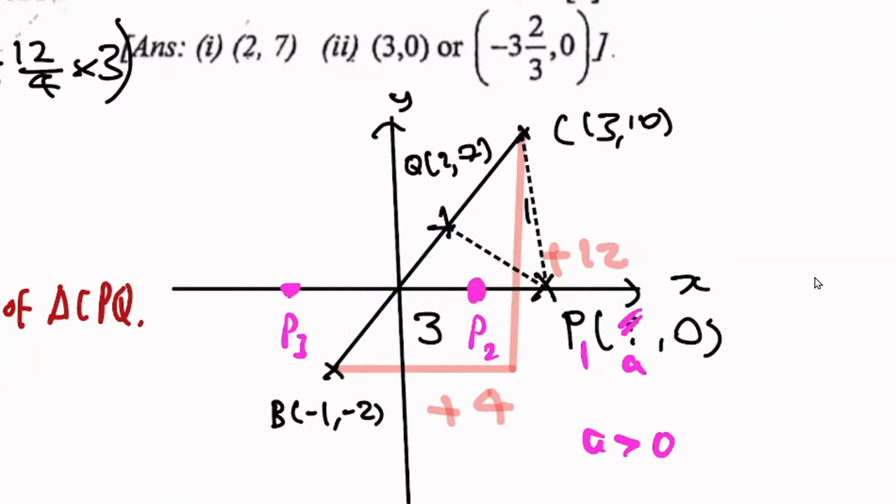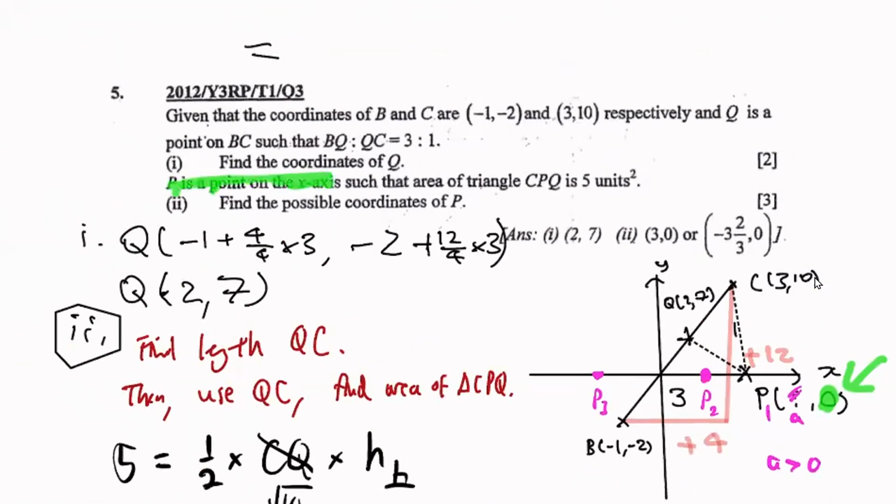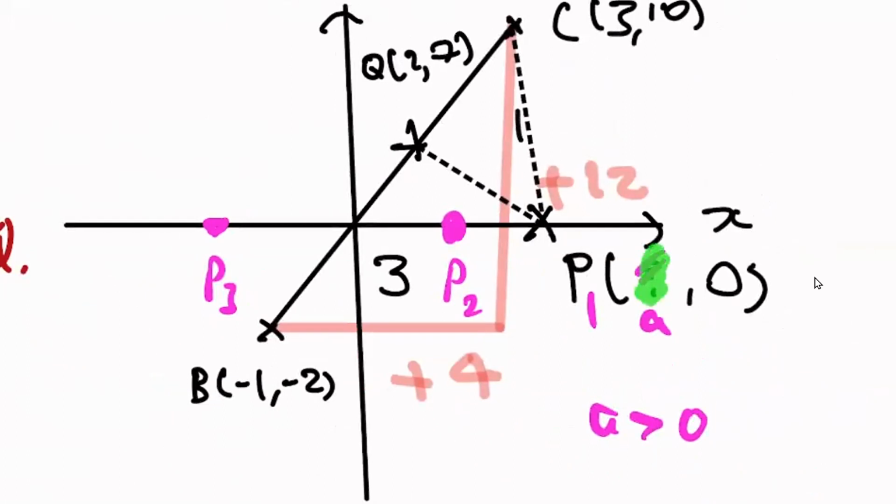So what we need to do now is figure out what's the x and what's the y in the coordinates of P. Definitely the y is 0, right? Because P is a point on the x-axis. Then the x coordinate is the one that we don't know.